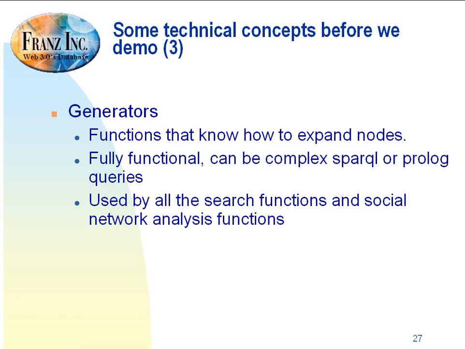The generator will also make sure that if you have a two-mode network, and you want to go from actor to actor in an actor movie database, you bypass the movie and get direct links from one actor to the other. I'll talk about that later. Our generators are fully functional, so they can even be complex SPARQL or Prolog queries.